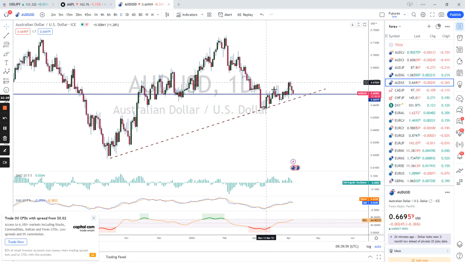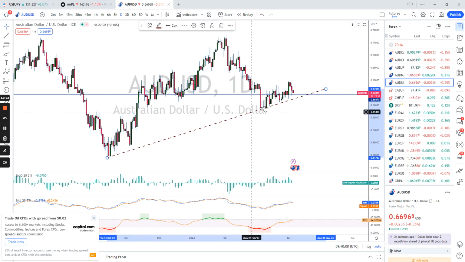So this is the area of non-trading. This is like a bearish flag, but we also have this uptrend line, the support that is holding for a while, and this is the level I was talking about, 0.663, 0.664, where we should expect a bounce or a break below.